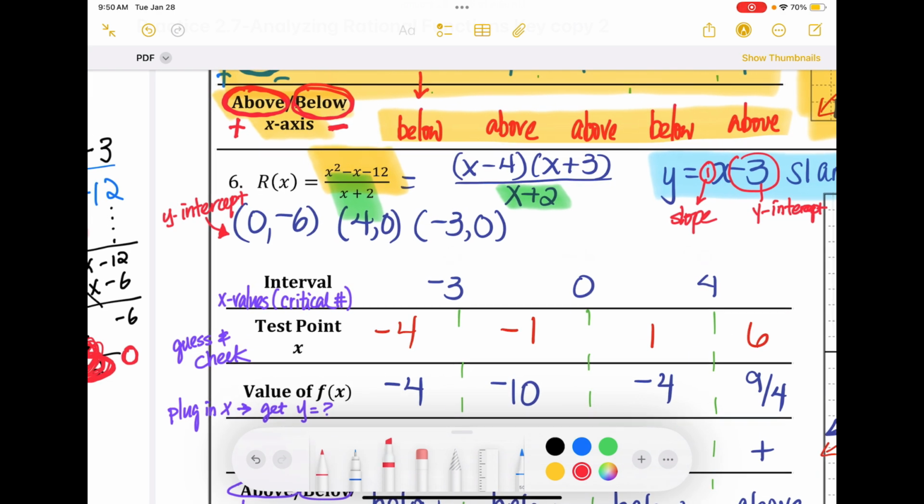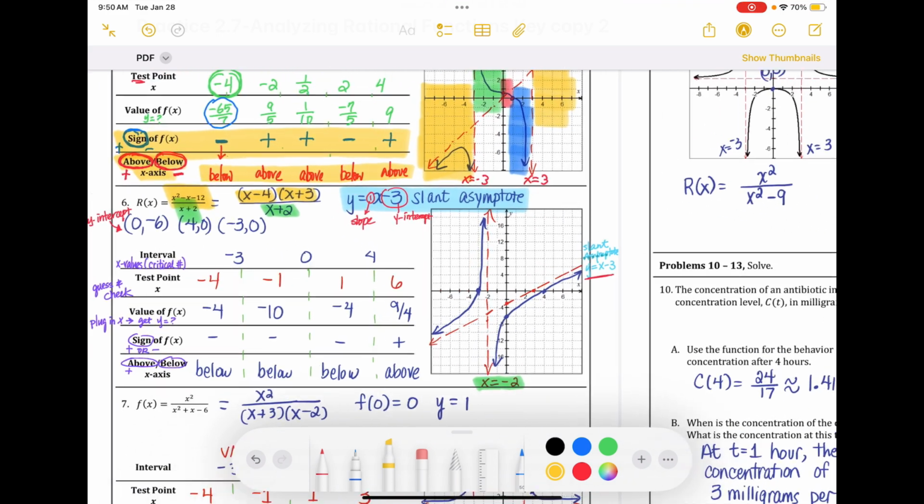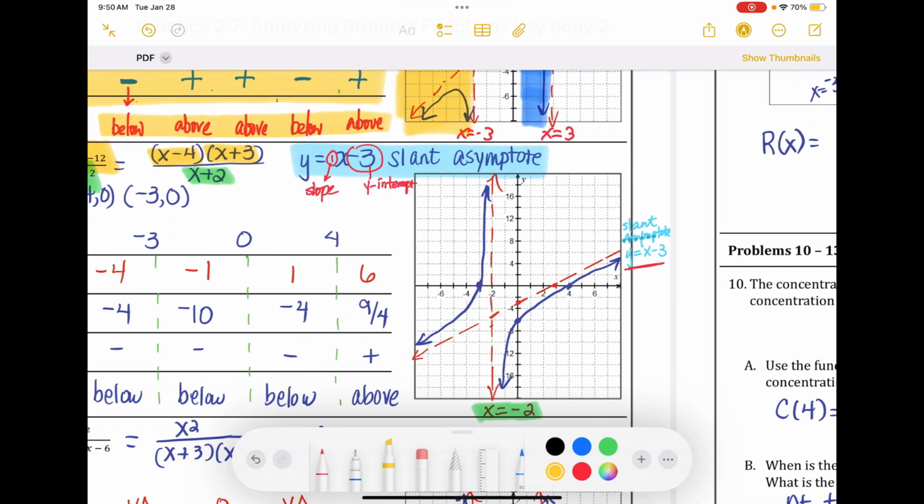Then we mentioned the critical values of my x. So the top will be my 0, and 0 means I'm going to solve that. So therefore, the (4, 0) and (negative 3, 0) will be my two x-intercepts, which are right here.